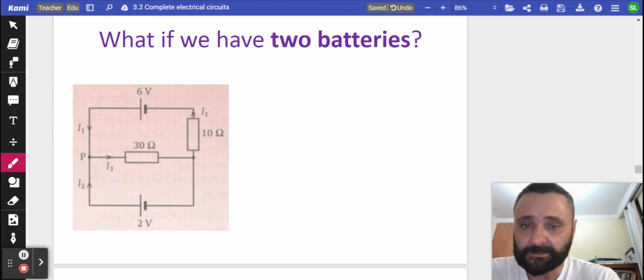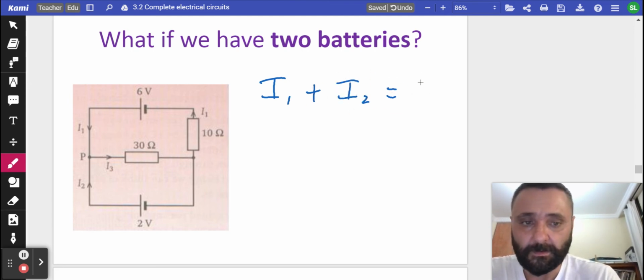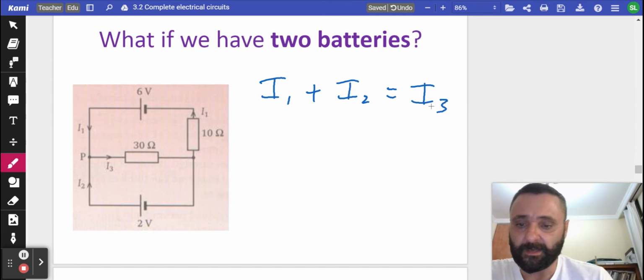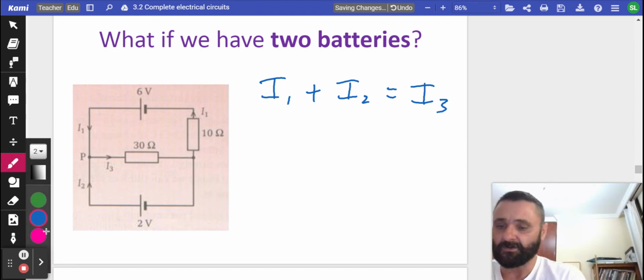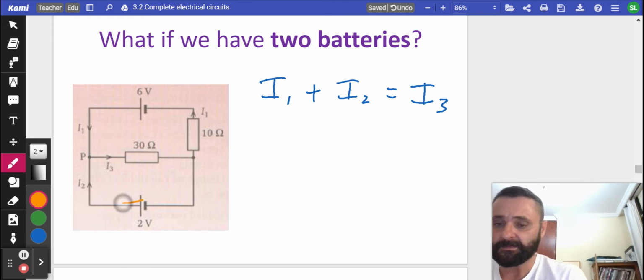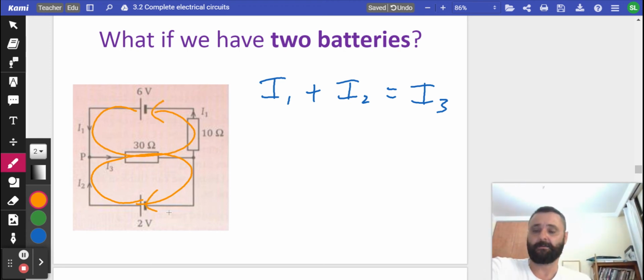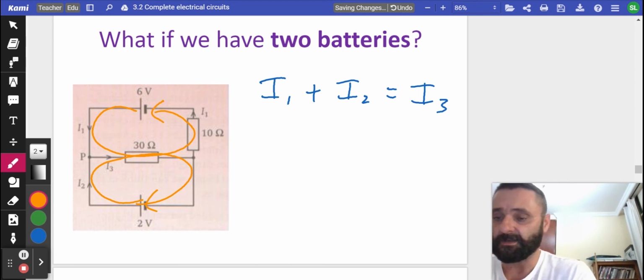I think we're looking at I1 plus I2 equals I3. Yeah, so it's looking like this battery is pushing current that way, this battery is pushing current that way. And then I1 plus I2 is I3.